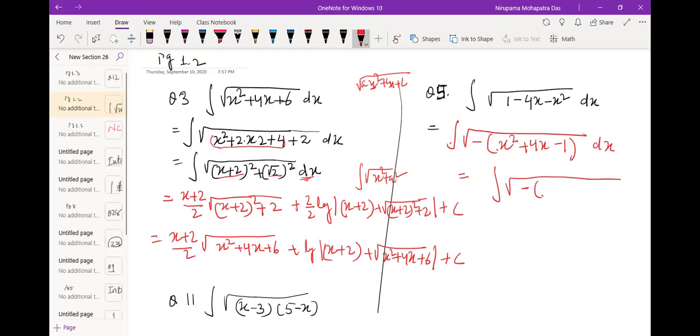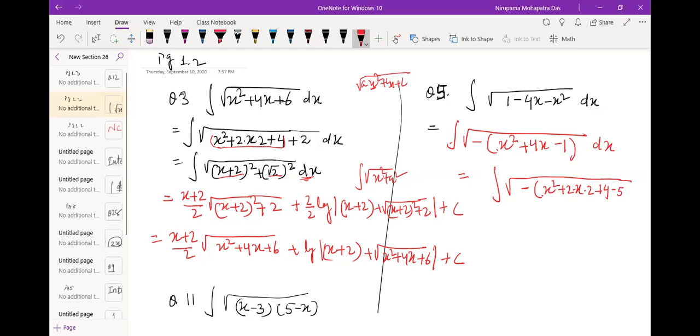Now ax square plus bx plus c, I mean it is quadratic, you have to make it perfect square. X square plus 2 into x into 2, plus 4, then here you have minus 1. So it means plus 4 minus 1. Or you may write like this.